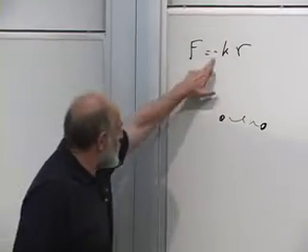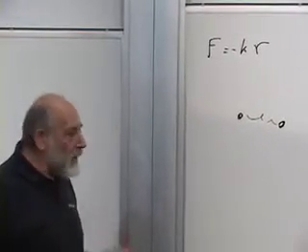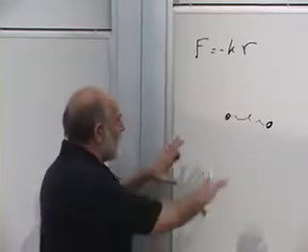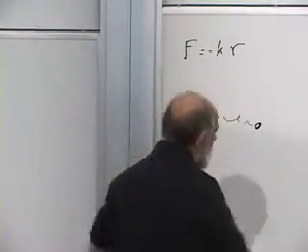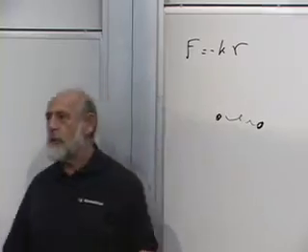This is attractive. That's the minus sign there. Repulsive. So it adds a little bit of repulsive force to the otherwise attractive force between the 2 particles on the end of the spring.